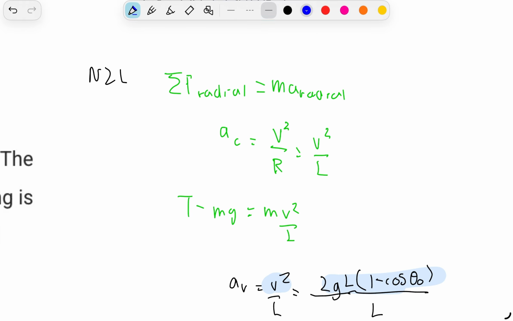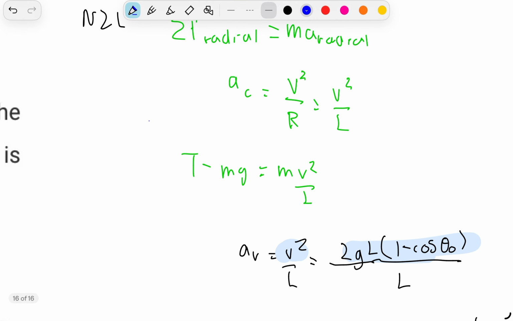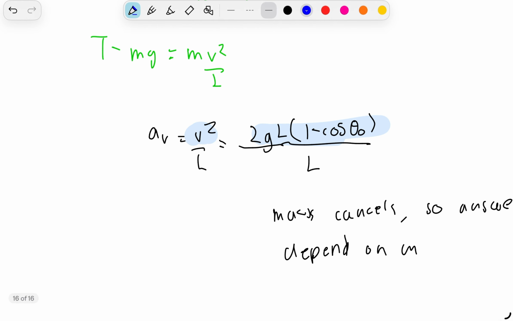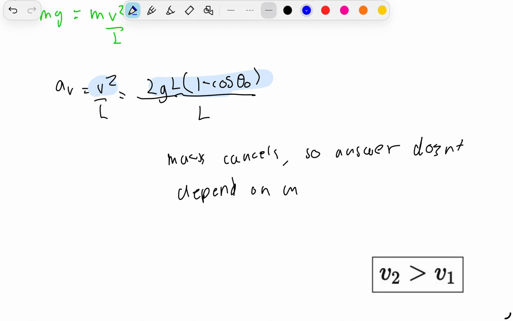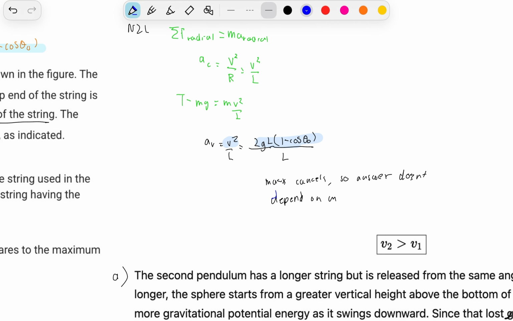But here the radius is just the length of the string, so we can replace that. Upward we have the force of tension, and downward we have mg, and that is equal to mv squared over L. We had v squared earlier, which was this expression here. We substitute that in, and we get this. We can see that our mass canceled earlier, right? We don't even have mass in this equation, so our answer doesn't depend on mass.